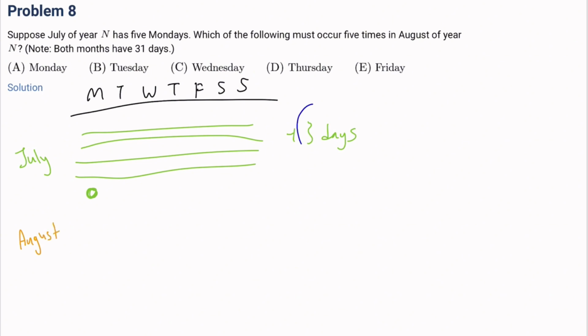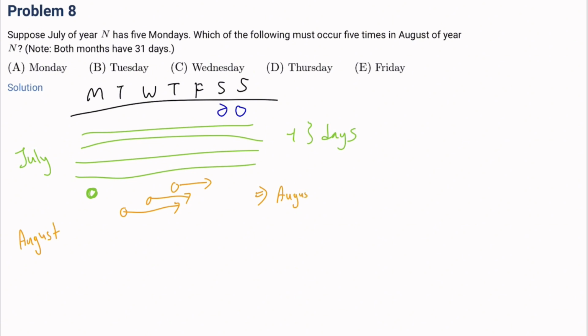If these 3 days are Monday, Tuesday, and Wednesday, then August will start from Thursday. And if July ends on a Tuesday, then August will start from Wednesday. And lastly, if July starts on Saturday and ends with a Monday, then August will start on a Tuesday.